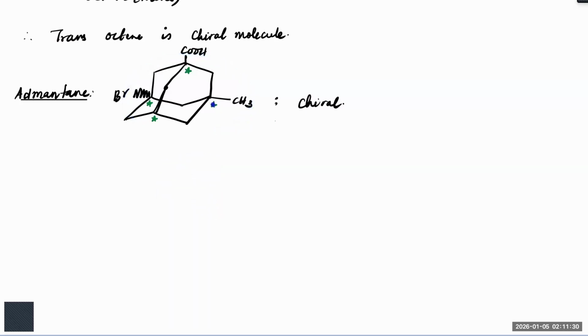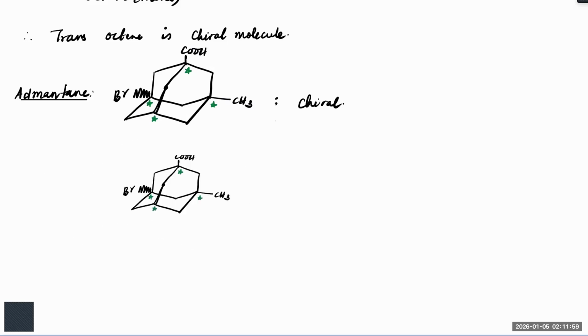The reason being, at these positions you cannot have multiple orientations because they are all at the bridge positions. If you try to remove this methyl group, where do we locate it? We do not have multiple locations. We have to put it in the same place, which means if this molecule is given and we are asked the maximum number of stereoisomers we can have, the answer in that case is going to be only 2.